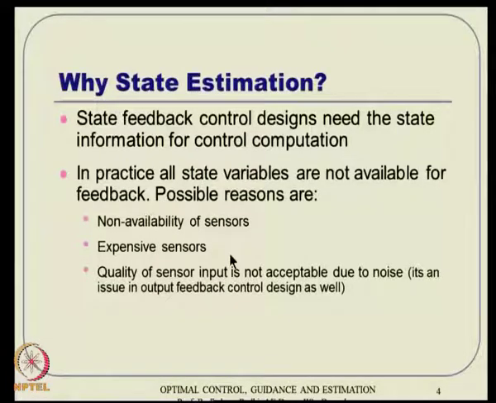So, preliminary launches and all are typically done with respect to radar data, not necessarily with respect to seekers. That is the reason: the sensor is very expensive, so we do not want to just use it like that. Sometimes the quality of the sensor is not acceptable because of the noise content, especially if you see these MEMS level sensors.